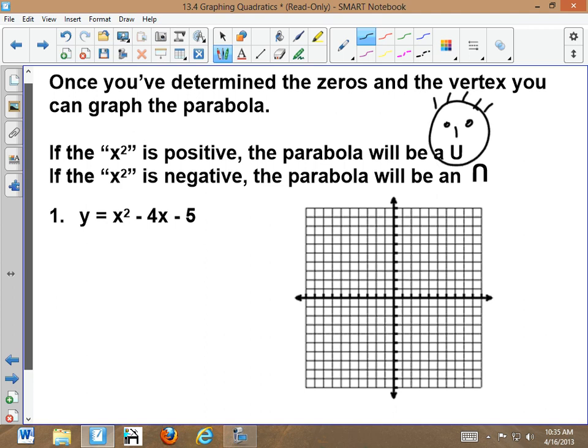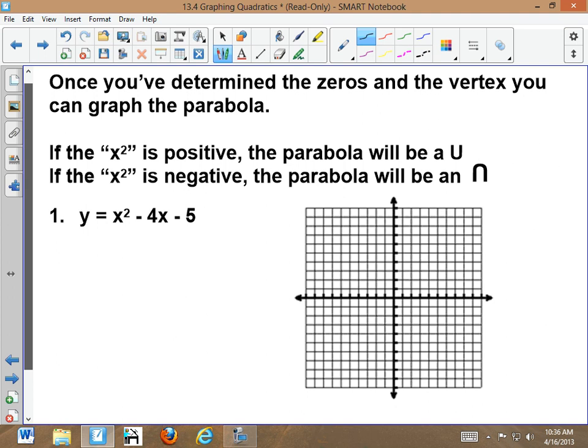If your x squared is negative, your parabola will frown. It's unhappy. That's the only thing the negative and the positive tell you. Now, you cannot find your legs if you have a negative x squared. Your x squared has to be positive in order to find your legs.